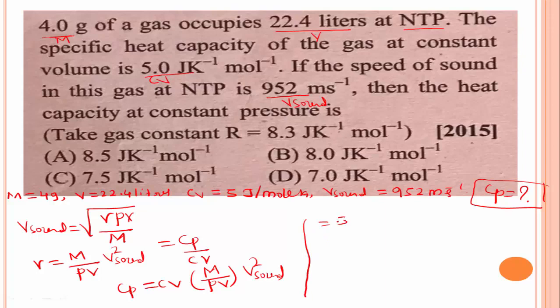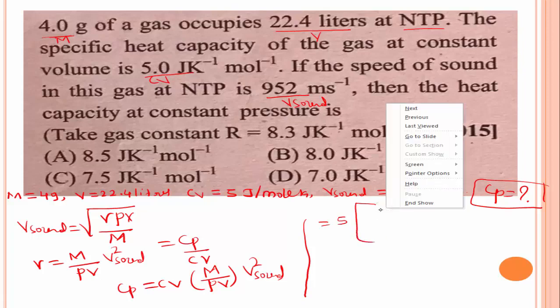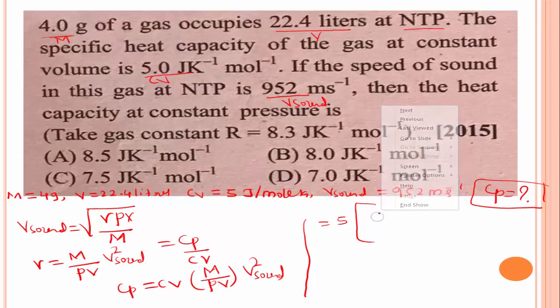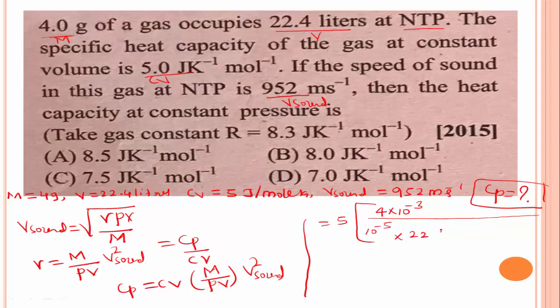The specific heat at constant volume is 5. Then M, that is 4 gram, converted into kg, we get 4 into 10 to the power of minus 3, divided by the pressure, which is in the order of 10 to the power of 5, into volume 22.4 into 10 to the power of minus 3.